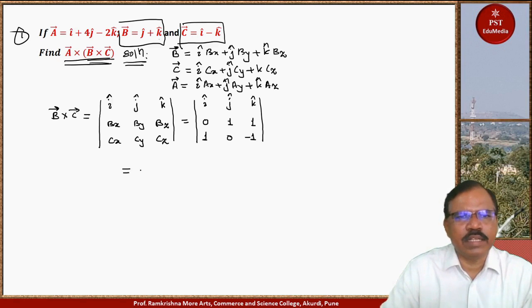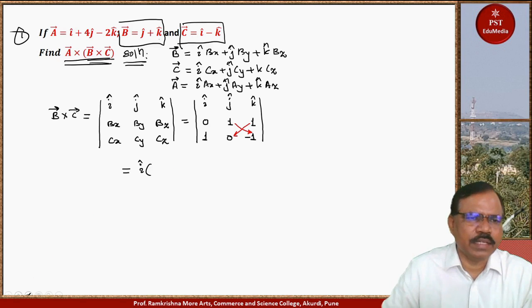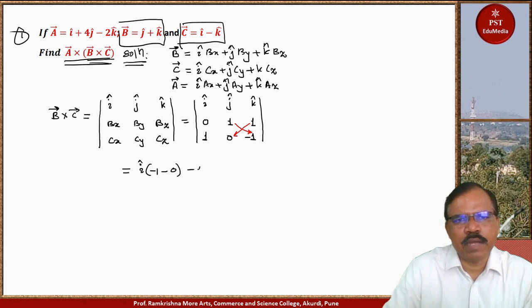How can we solve? We take I multiplied by product of this, so this product minus this product. So we get here 1 minus 1, that is minus 1. 1 into 0, that is 0. Then minus j multiplied by this into this and this into this.